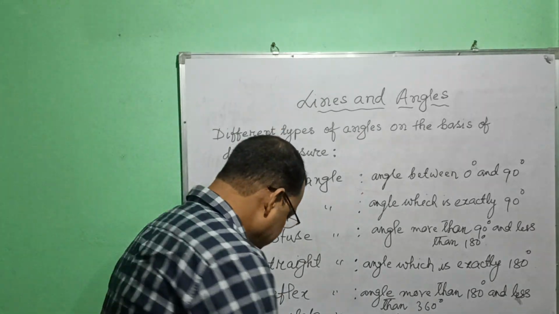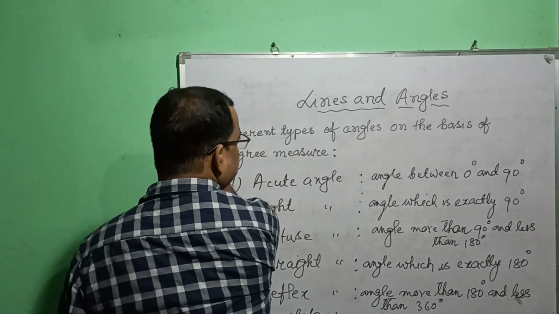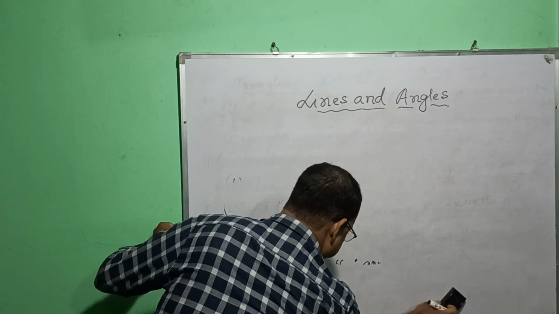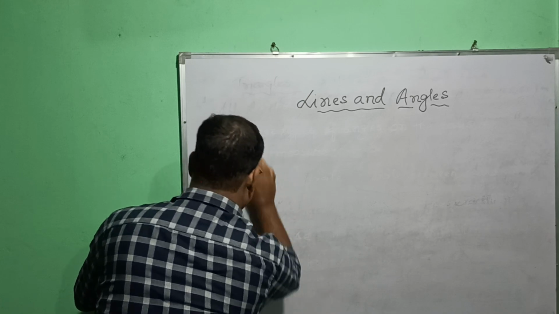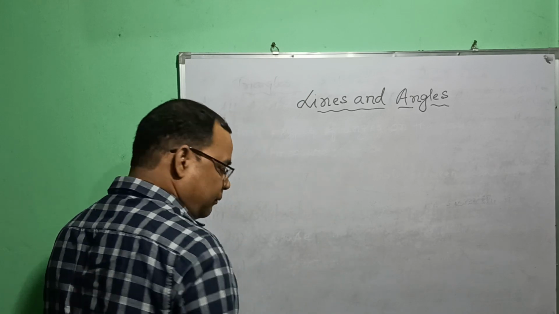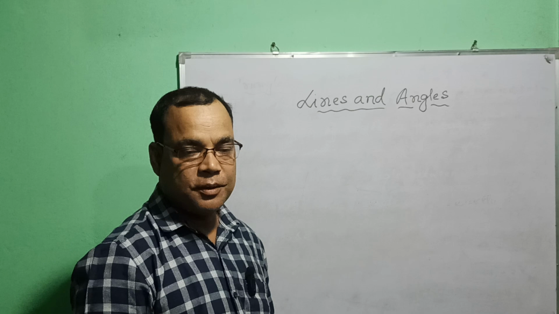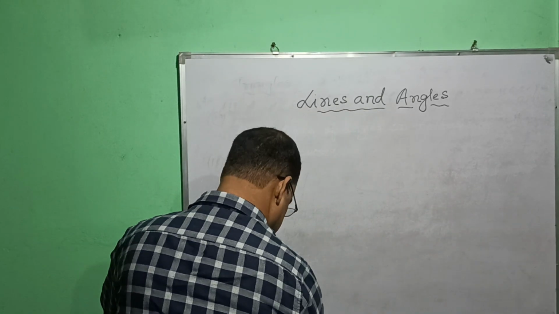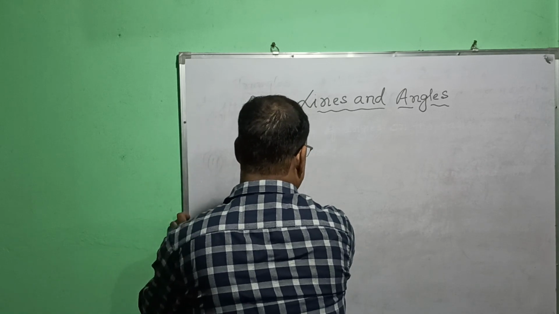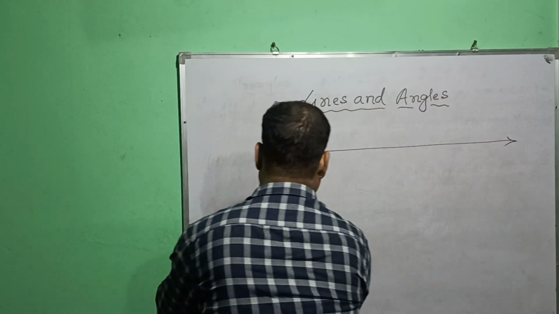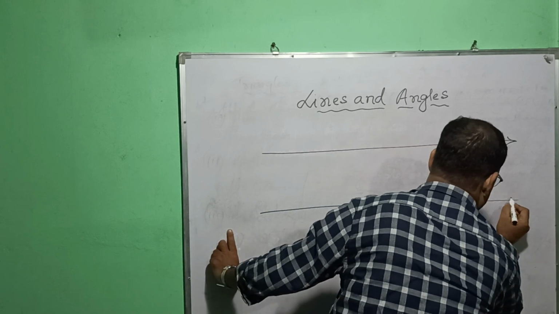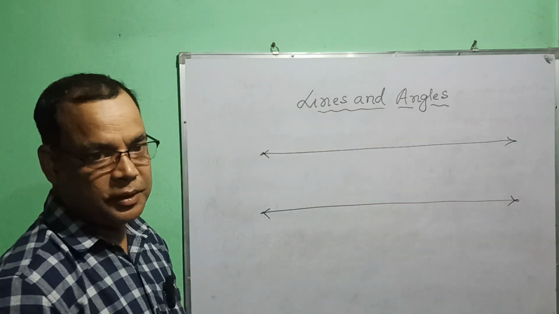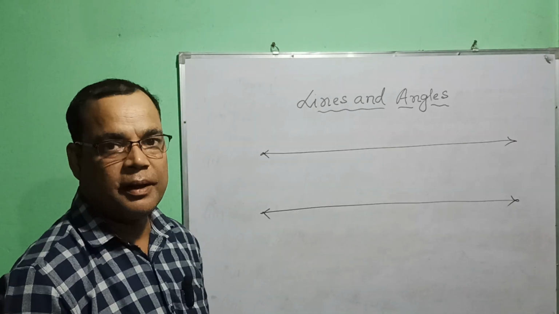Now I'll show you another types of angles. So to explain these types of angles, first of all, we have to draw two straight lines which are parallel.